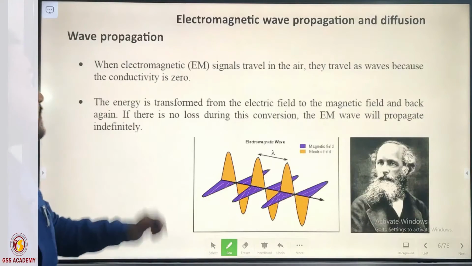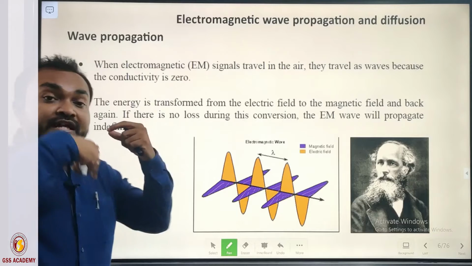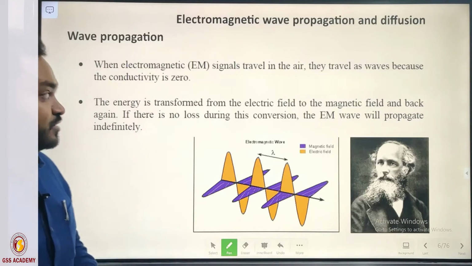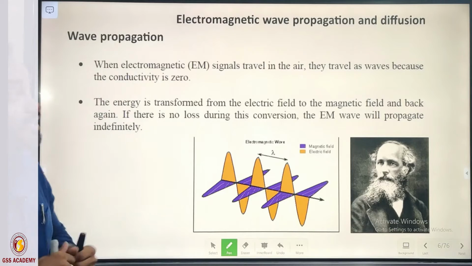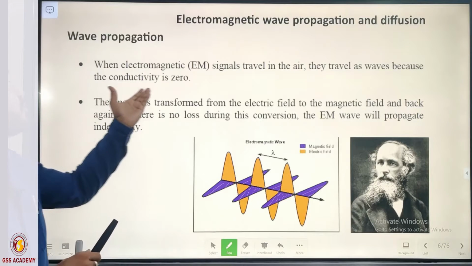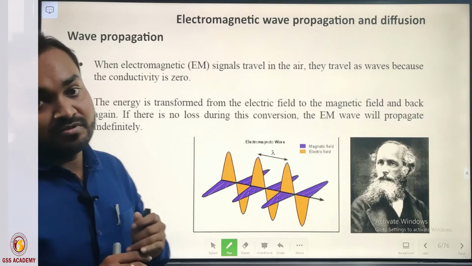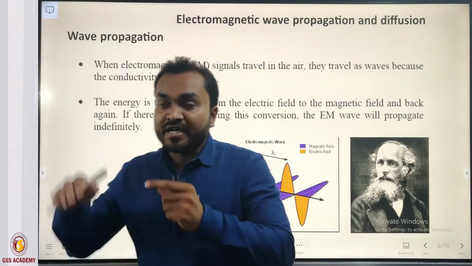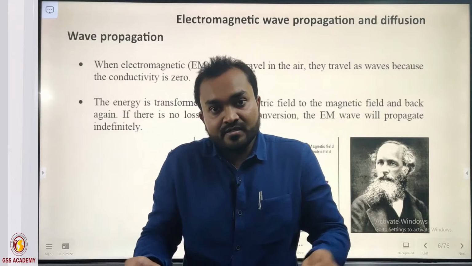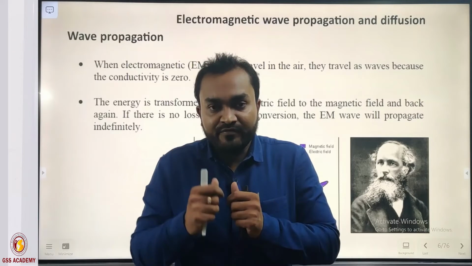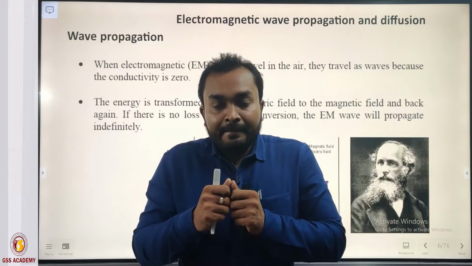Next, electromagnetic wave propagation. When electromagnetic signals travel in air, they basically travel as a wave because the conductivity is 0. If an electromagnetic wave is propagating in space, it is traveling as a wave.